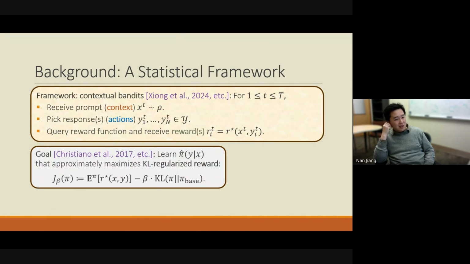Maybe as you said, KL helps avoid forgetting the base capabilities, and that part may be hard to capture in our mathematical formulation. Is that the reason we keep it as part of the final objective instead of treating it as an intermediate learning method? Yeah, that's a good question.